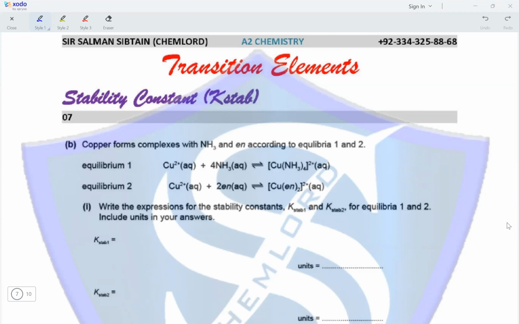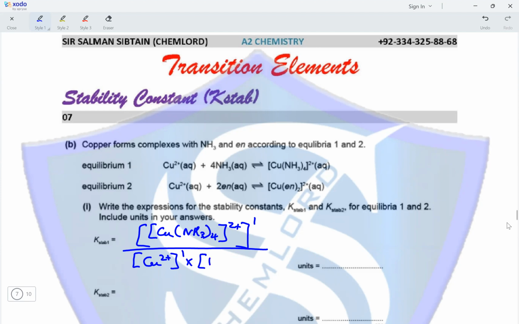Question 7. Copper forms complexes with ammonia and en according to equilibria 1 and 2. Write the expression for the stability constants K step 1 and K step 2 for equilibria 1 and 2. So the K step values would be products upon reactants. For equilibrium 1, it would be the concentration of [Cu(NH3)4]2+ raised to the power of 1 divided by the concentration of Cu2+ raised to the power of 1 multiplied by the concentration of ammonia raised to the power of 4.